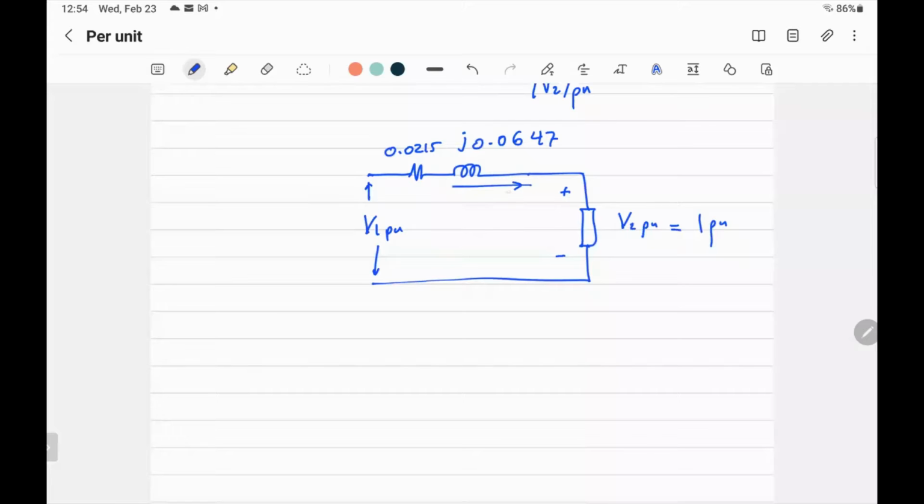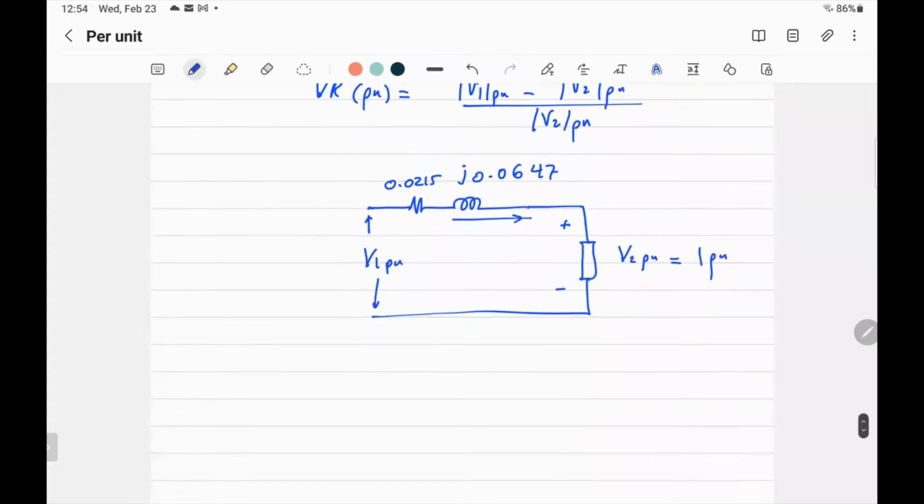What about the current? They said 75% of full load. What's the full load per unit on the primary side? The base is full load, so I'm dividing the value by itself, right?